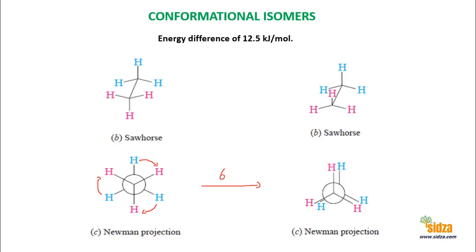And now by a 60-degree rotation in the clockwise direction, you get an eclipsed state, right? The same thing you can represent here in the Sawhorse projection also. Again a 60-degree rotation. Now all these hydrogen atoms will be under eclipsion. This hydrogen and this hydrogen will eclipse, and this one will also eclipse, right? All the hydrogen atoms will now eclipse. Hope you got it. Thanks for watching the video. Bye for now.